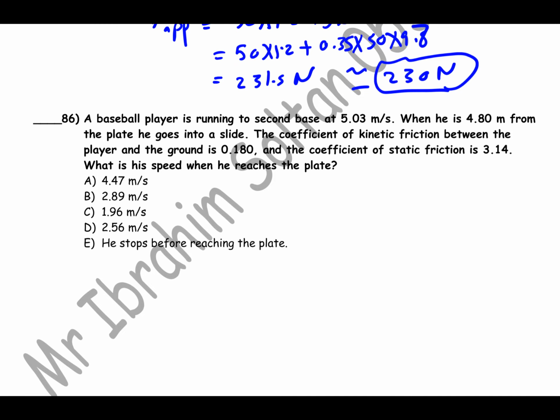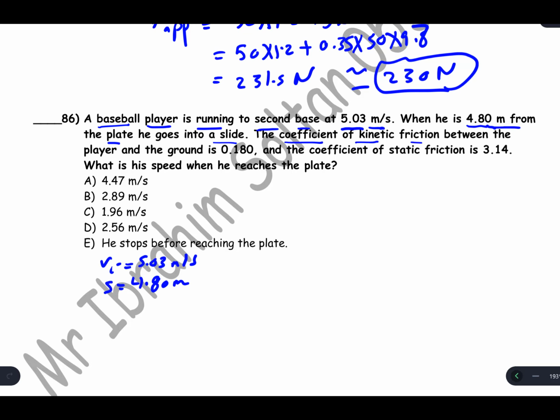Let's move to the next one. A baseball player is running to second base at 5.03 meters per second. So this is V initial, 5.03 meters per second. When he is 4.80 meters from the plate, so S equals 4.80 meters, he goes into a slide.